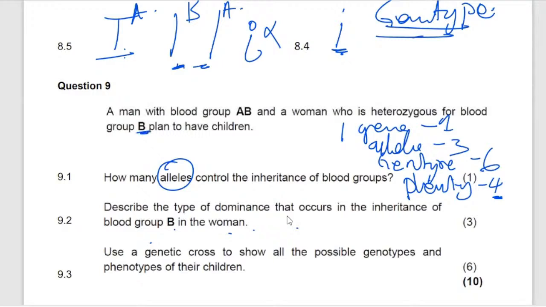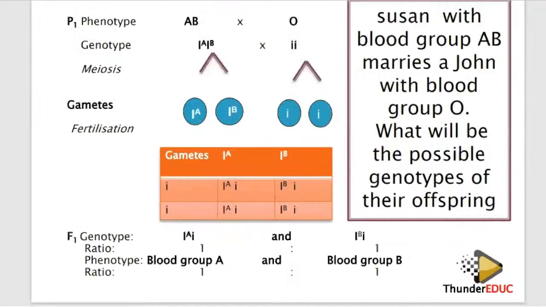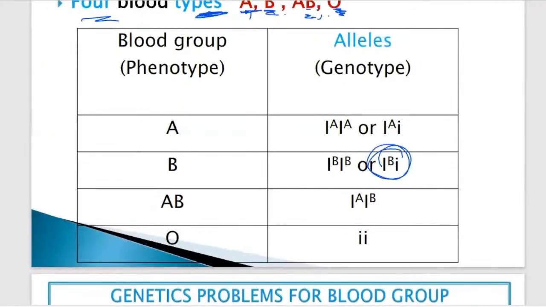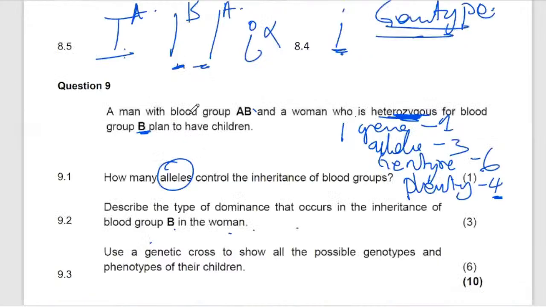A man with blood group AB and a woman who is heterozygous for blood group B, meaning this lady obtained one dominant allele from the father or mother and another recessive allele from the father or the mother. It can come from either parent, because they are not specific in that regard.